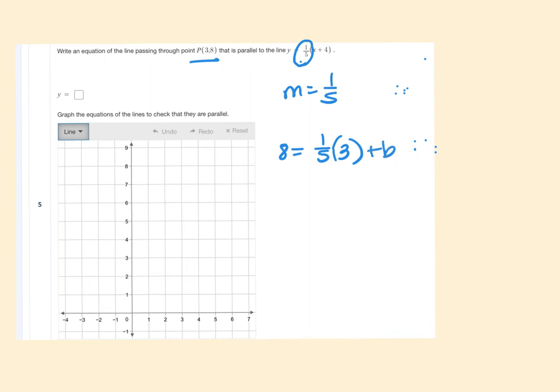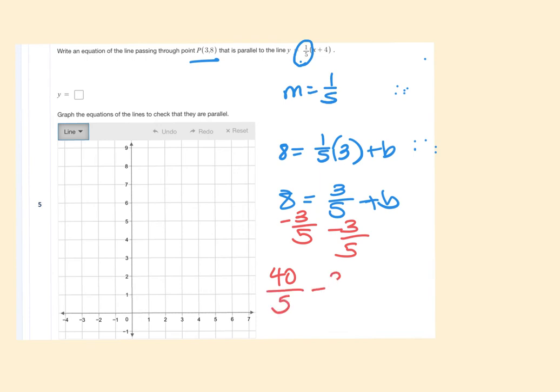Then 8 equals 3/5 plus b. This one was pretty hard. Then subtract the 3/5. So 8/1 becomes 40/5 minus 3/5, which is 37/5.